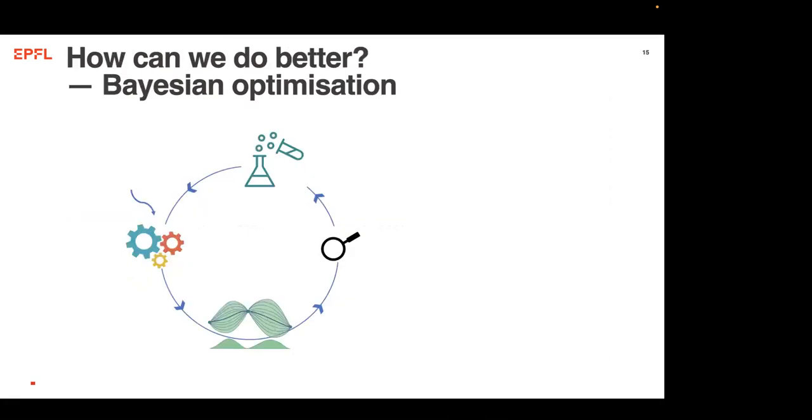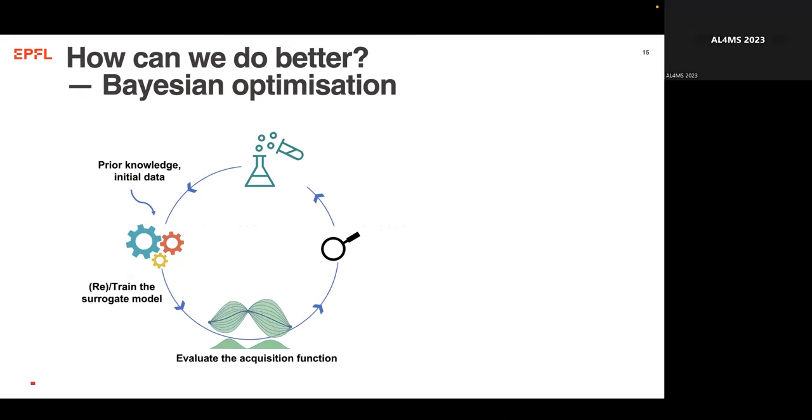Bayesian optimization, where you initialize your run with prior knowledge or initial data, then you train your model, which then provides the prediction of the mean and uncertainty to your acquisition function to select the next points, and then you obtain your results.